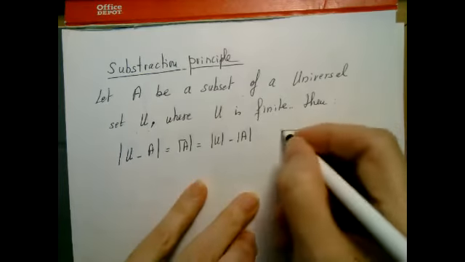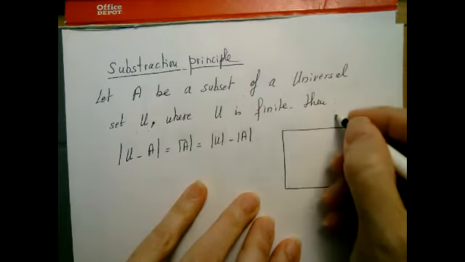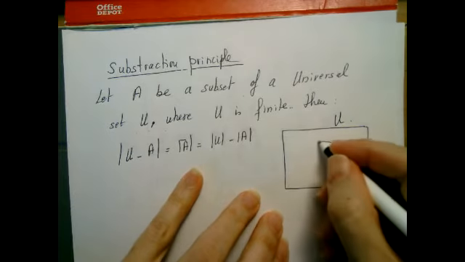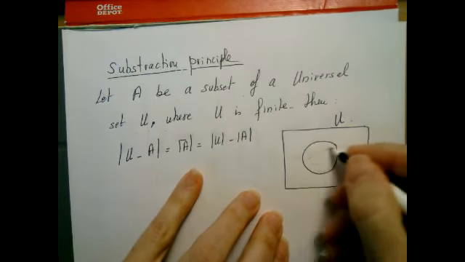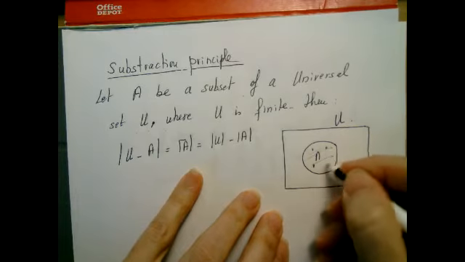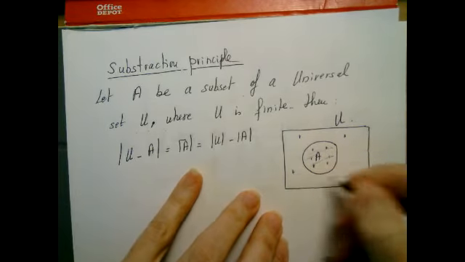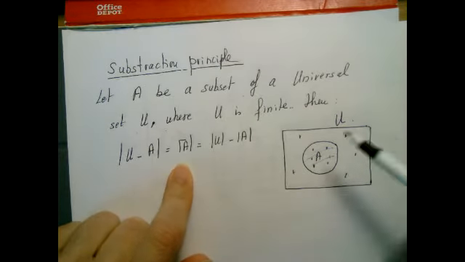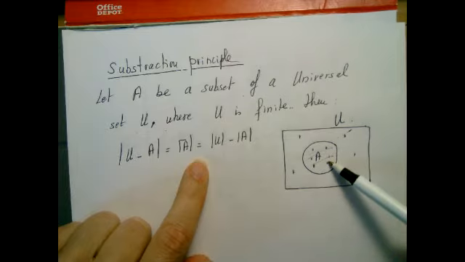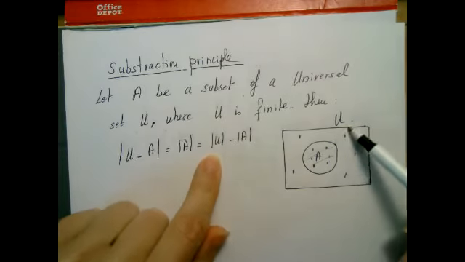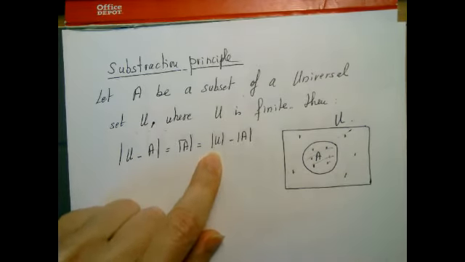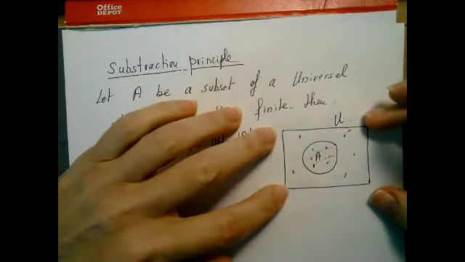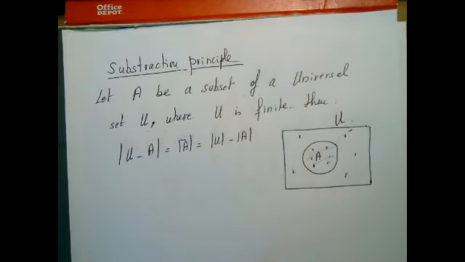So I have a universal set U, this is my U, and it's finite, so I have finitely many elements. And I have a set A here, that's my set A. So there are a bunch of elements here, and of course, a bunch of elements right here, and there is a subset. So the subtraction principle tells me that the number of elements in U minus A is the number of elements in U, you take away the number of elements in A. It means the number of elements in the complement is the whole thing, take away how many are in A.